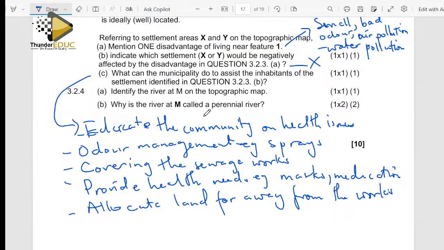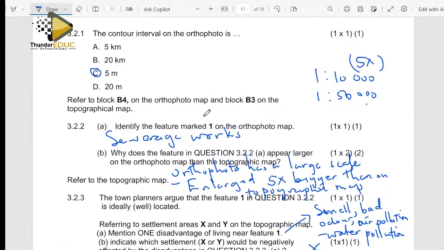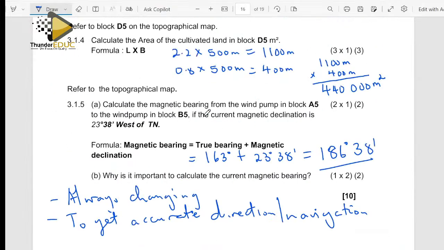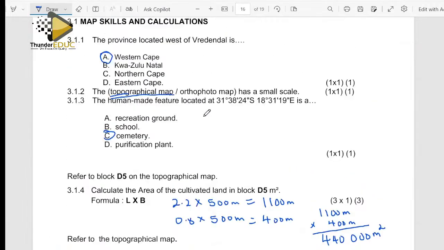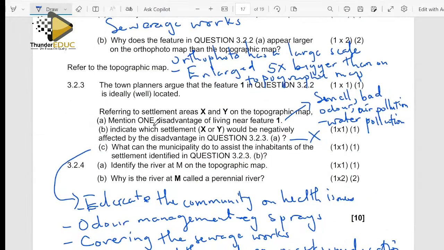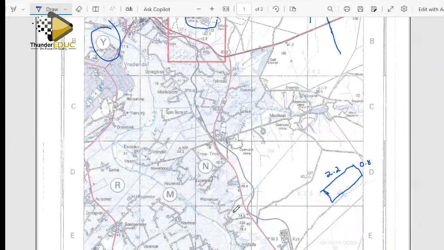Part A says identify the river at M. We want to look at question 2.4, which says identify a river at M. Our M we can see here, it's here.